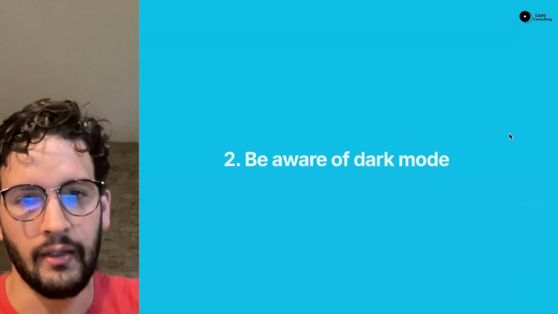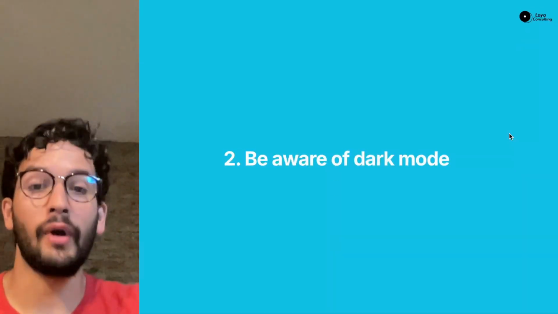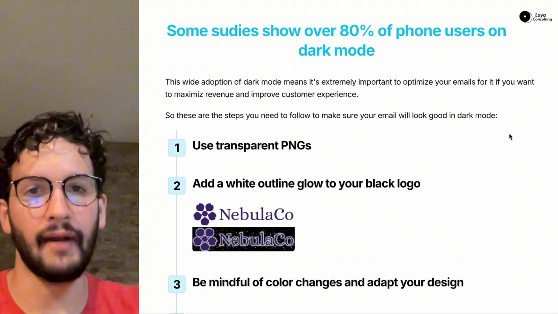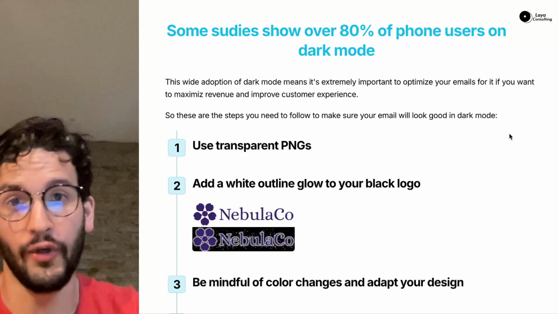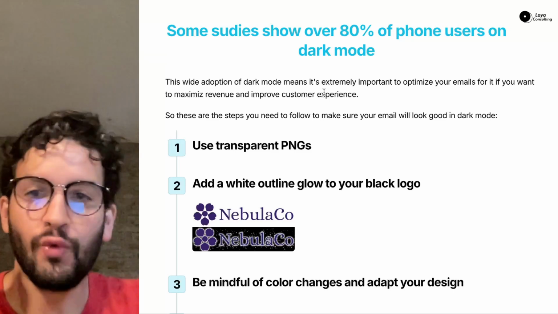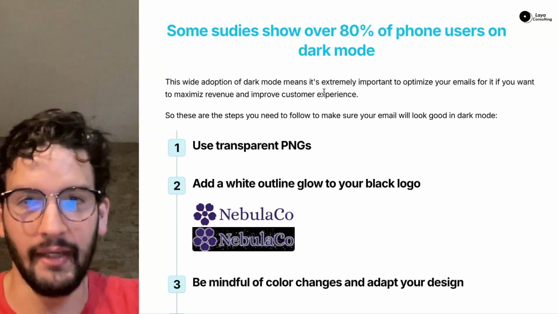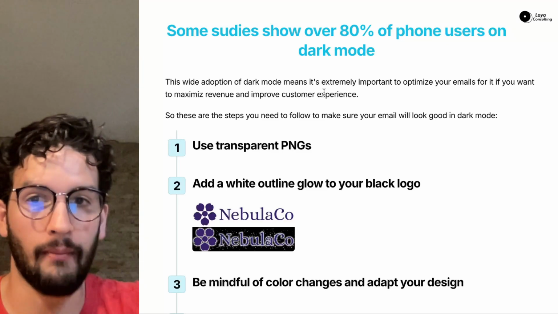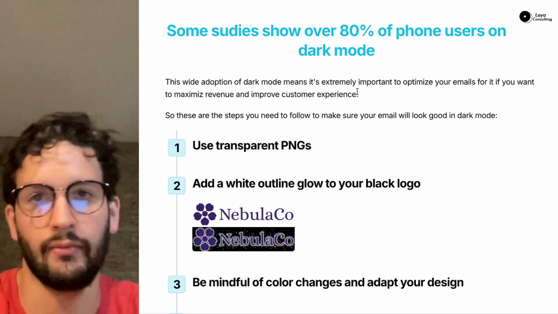So that being said, second step is to be aware of dark mode. Some studies show over 80% of phone users use dark mode. This wide adoption of dark mode means it is extremely important to optimize your emails for it if you want to maximize revenue and improve your customer experience, right?